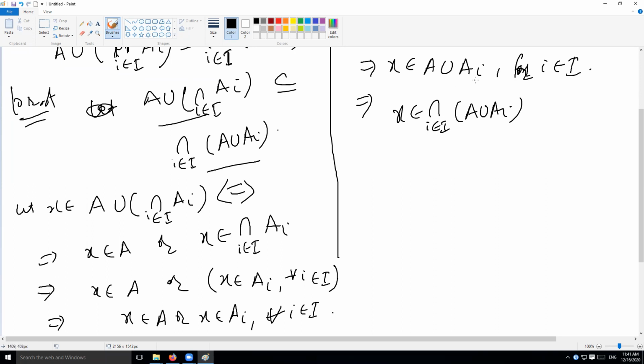If x is in A union A_i for all i, that means that x belongs to the intersection of A union A_i. Done?